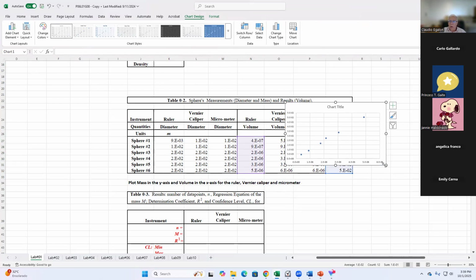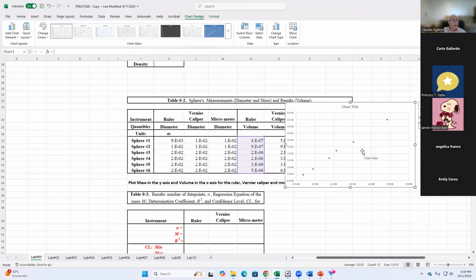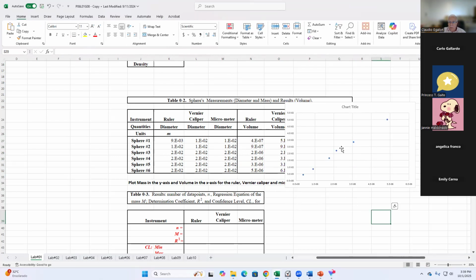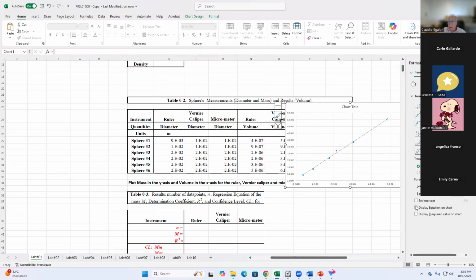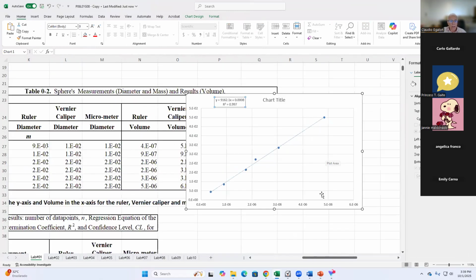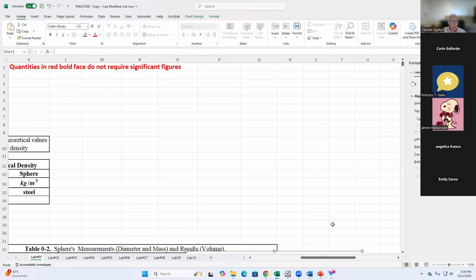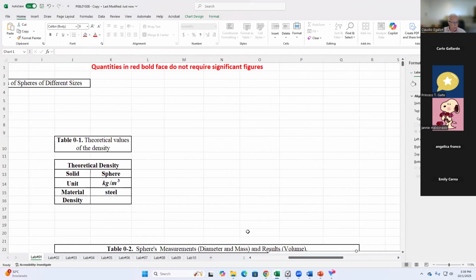Yes, and that's for the ruler. Trend line display. I'm getting 9162. What is the density of steel? Should be around 8,000, right?